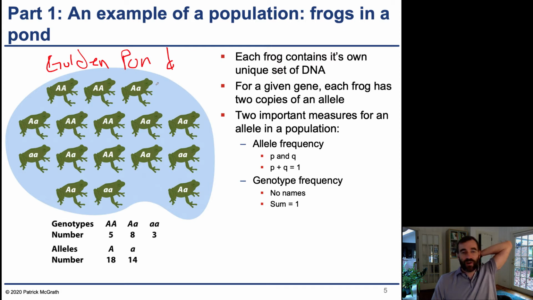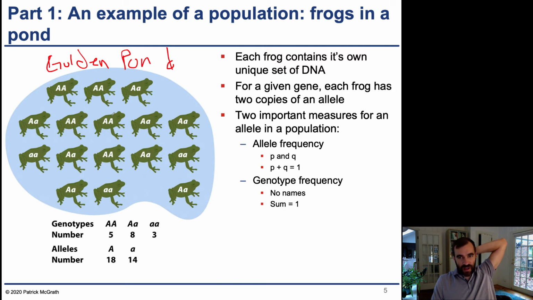Those frogs are very unlikely to ever mate with frogs that are found in a pond in California. Each of those frogs is diploid, and so each of those frogs has its own unique set of DNA. For a given gene, each frog has two copies of each gene.